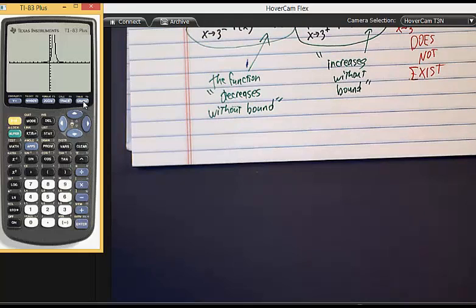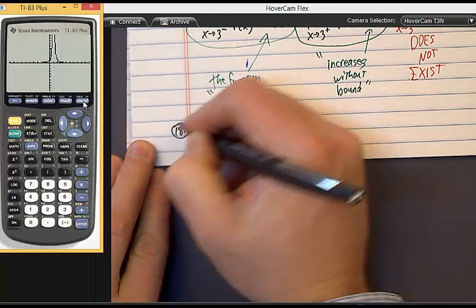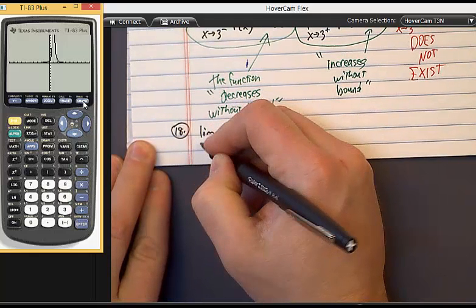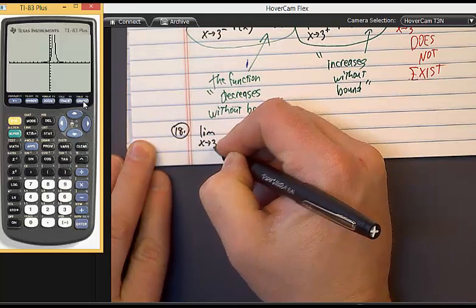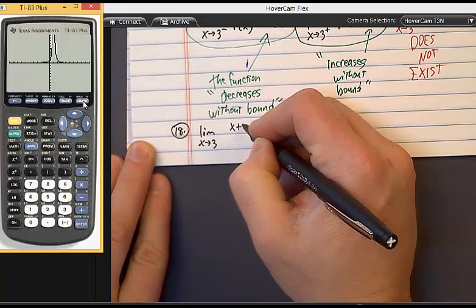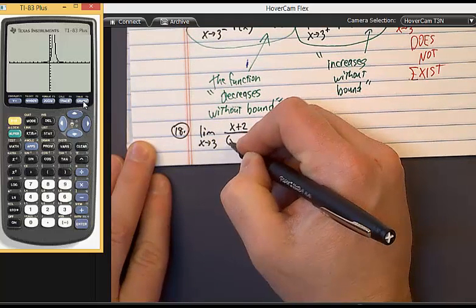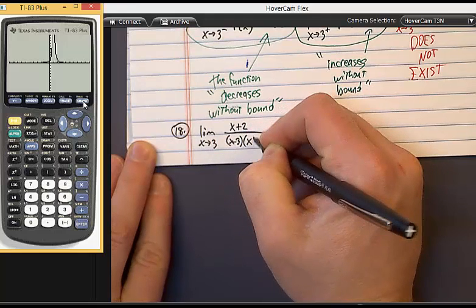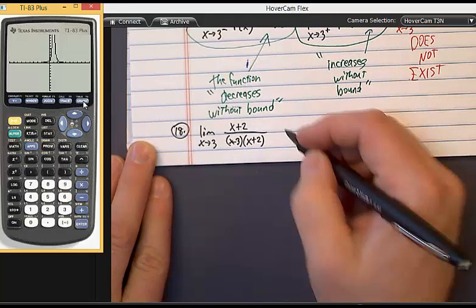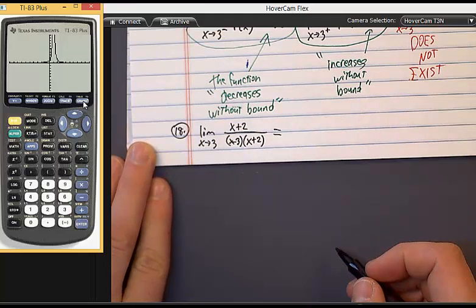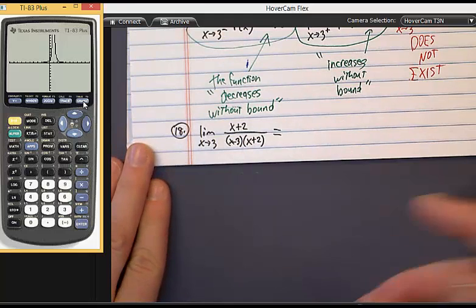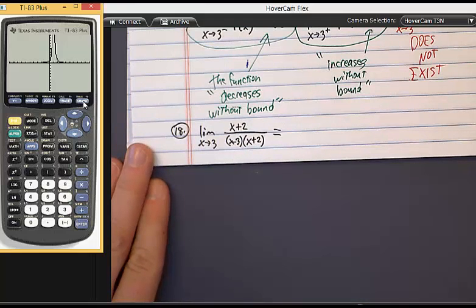In 18, we take the limit as x approaches 3. And again, remember I had factored it: x minus 3 times x plus 2. That's using algebra. Well, it turns out that to compute a limit, you can cancel, and that won't change the limit.